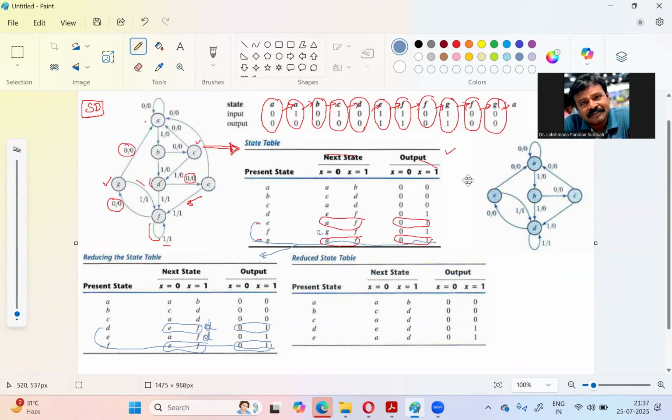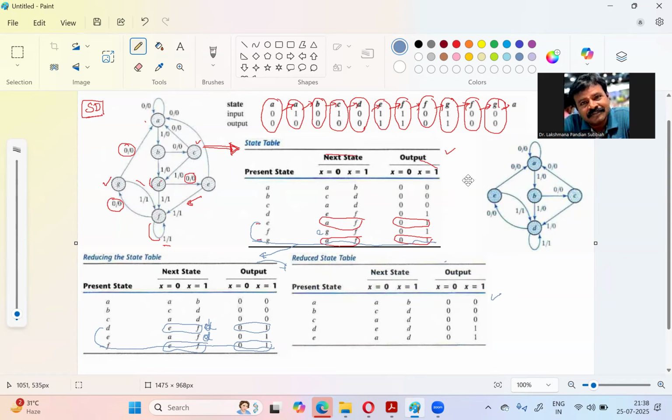So we are reducing the one more state. So that F is removed, then wherever we are having that F, you replace that one by D. Now, this is the reduced table.